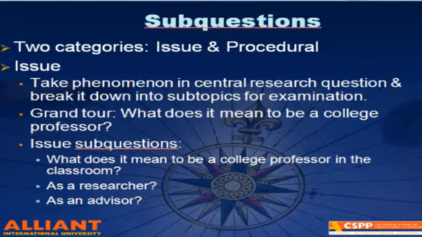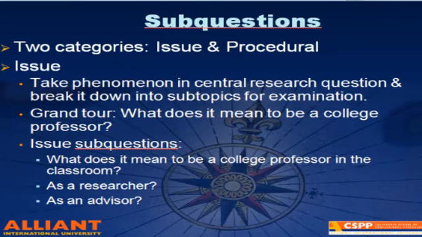And then this is another way of doing interview questions that Creswell suggests. You don't have to do it this way. This is one way of doing it, having issue sub-questions and procedural sub-questions. For issue, you take the phenomenon in the central research question and break it down into sub-questions.